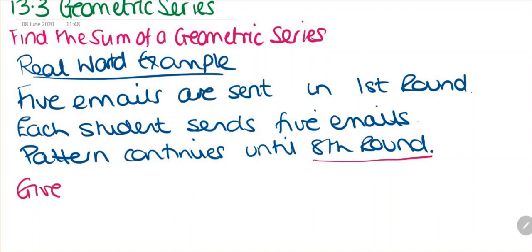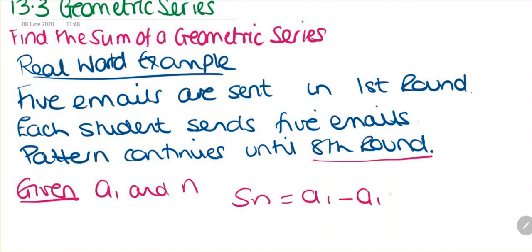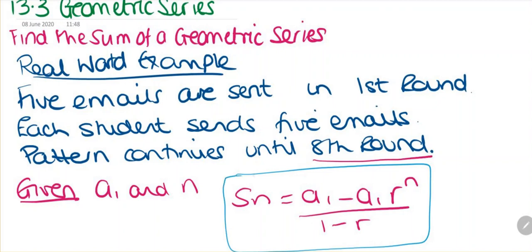So we're given A1 and N. So we're going to use this formula, which is Sn is A1 minus A1 multiplied by R, the ratio, to the power of the number of terms, and this is divided by 1 minus the ratio. So this is our formula for the sum formula for geometric series.